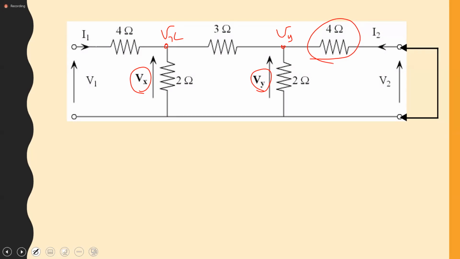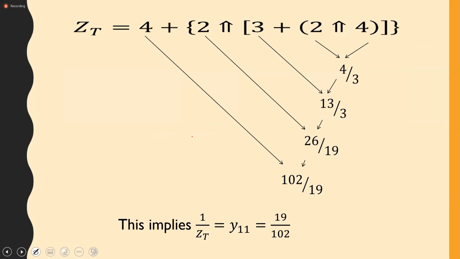Now, I want to show you quickly, in finding Vx, it's of course the voltage not across the 2 ohm resistance, but across everything beyond that point. The quickest place to find that information is back here, because I know I'm dividing between 4 and the rest of the circuit, which is 26 over 19.